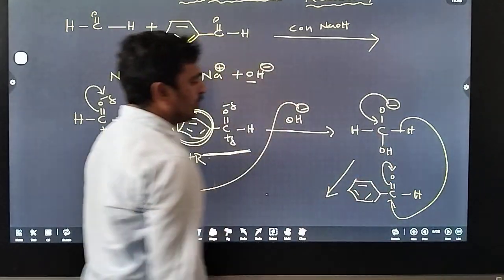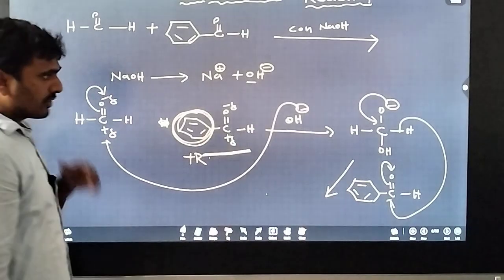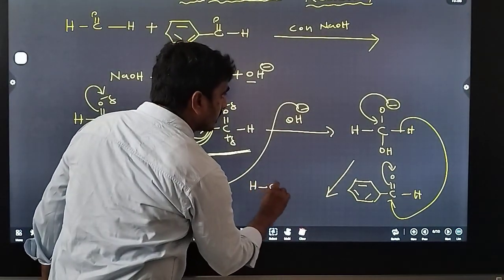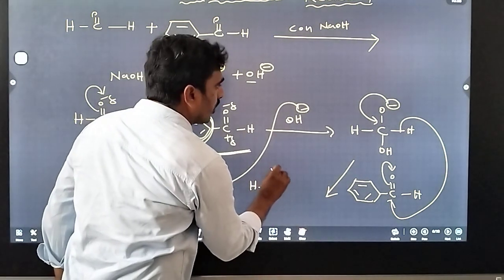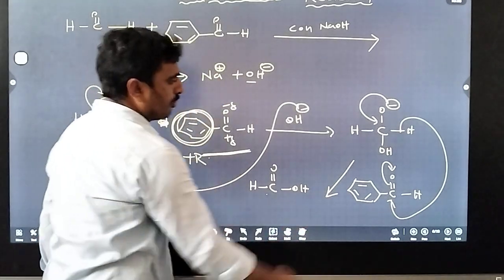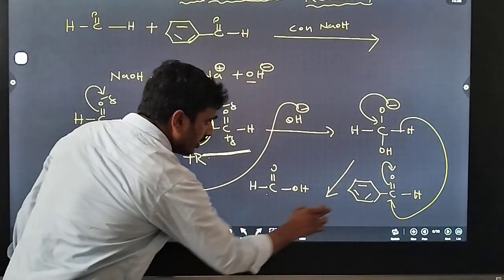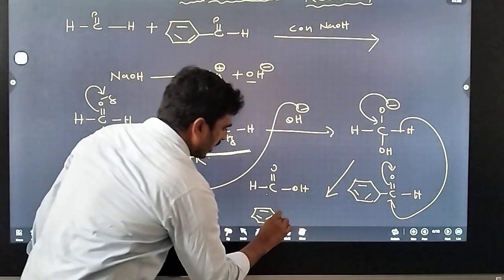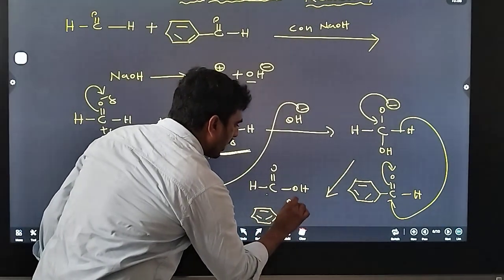Electron displacement towards the oxygen. So we get the first compound H, C, double bond O, then OH. So second compound, benzene, then C, O minus.